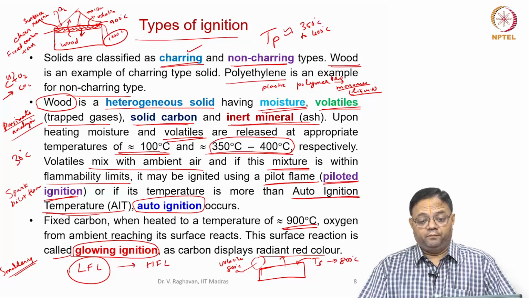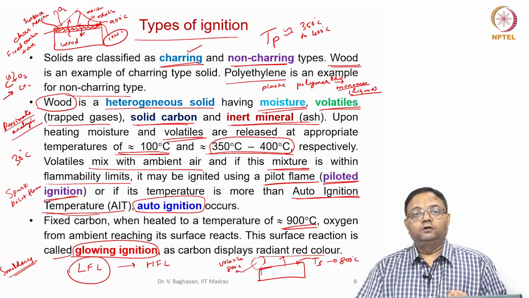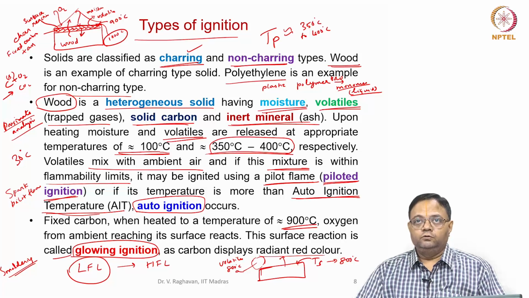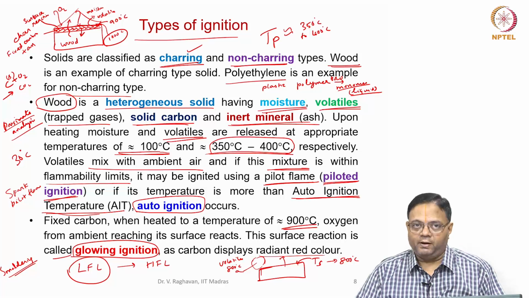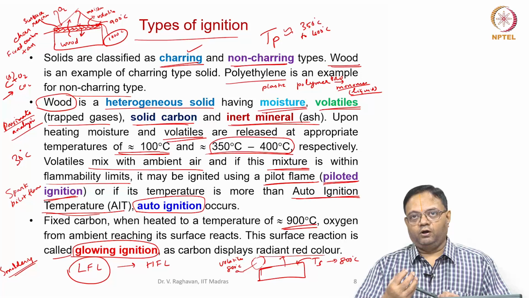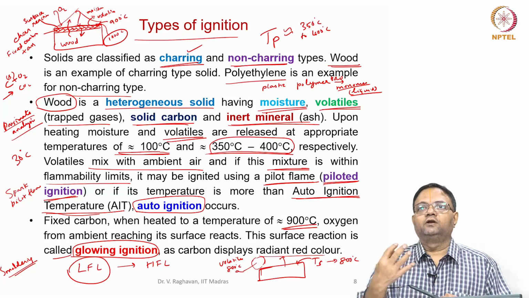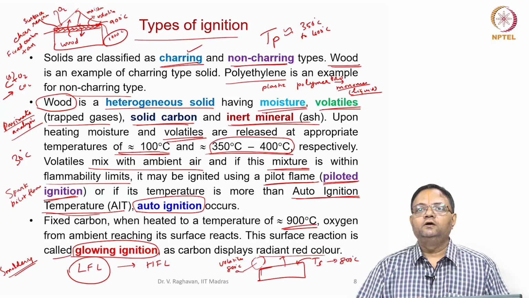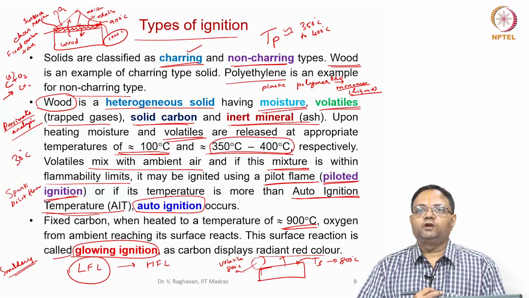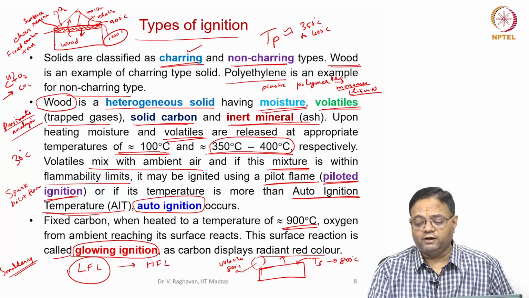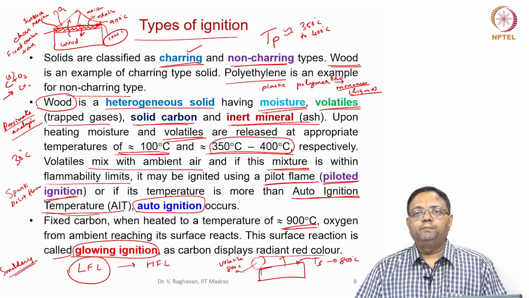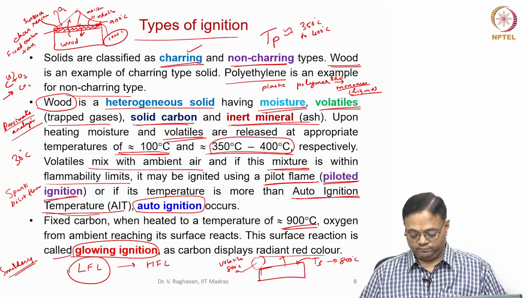So when you take charring, the type of ignition possible in a charring type of material is pyrolytic ignition. Initially the char is not formed, but the volatiles are released because of the heating of the wood or any charring fuel to a temperature around 300 to 400 degrees centigrade, because 400 degrees centigrade is not the auto ignition temperature. 800 degrees centigrade, something like that, will be the typical auto ignition temperature for several fuels.